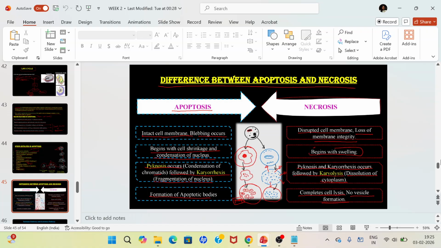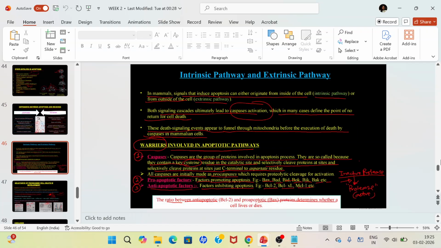Complete cell lysis occurs, and no vesicles are formed. While in case of apoptosis, vesicles are formed. Okay, so there can be an intrinsic stimulus or an extrinsic stimulus in case of apoptosis, and depending upon what kind of stimulus is involved, the apoptotic pathway proceeds accordingly.